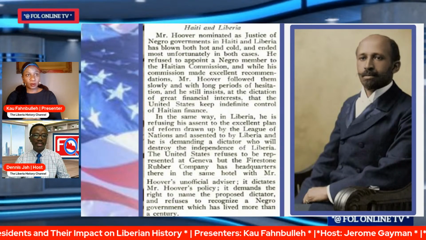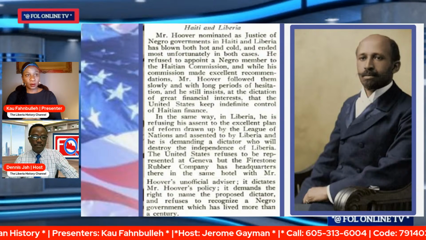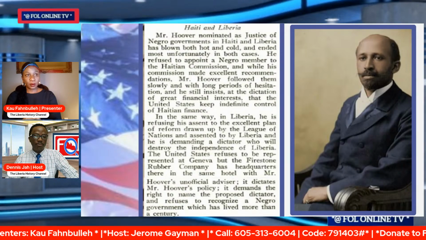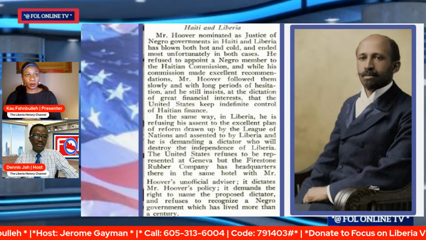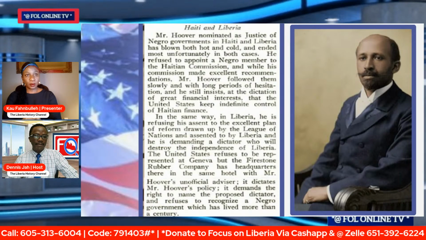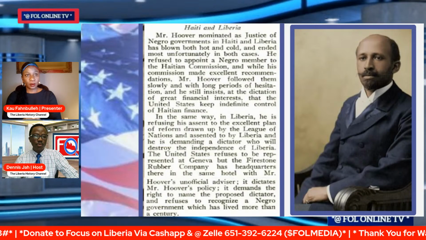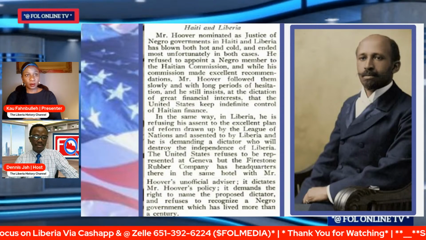In the same way, in Liberia, he is refusing his assent to the excellent plan of reform drawn up by the League of Nations and assented by the Liberia, and he is demanding a dictator who will destroy the independence of Liberia.